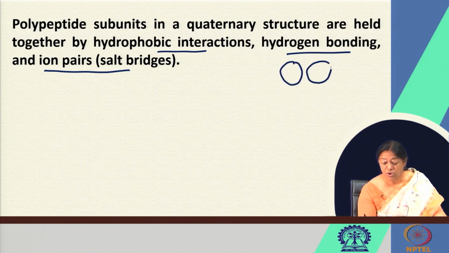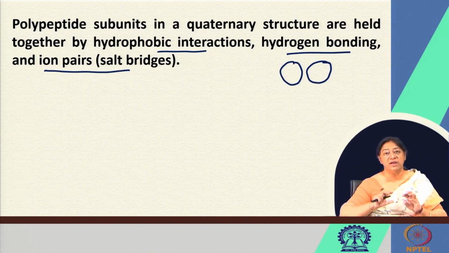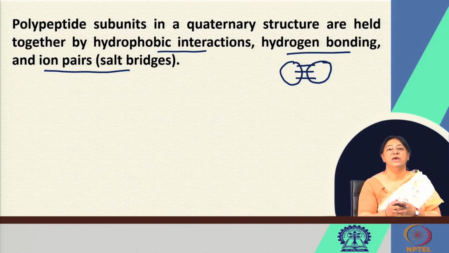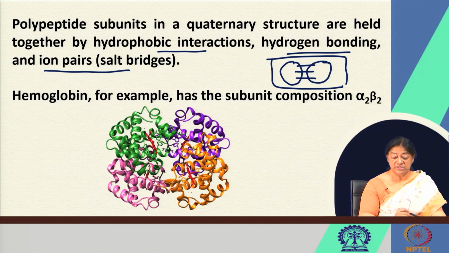I have two tertiary structural units, both in their subunit form, two monomeric units come to form a dimer. So, the question is, what is connecting these two together and why do they remain as a unit like this? What are the interactions that are involved in the subunits coming together?